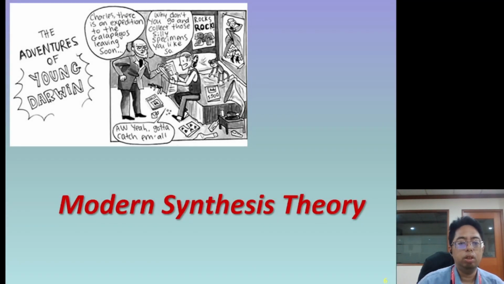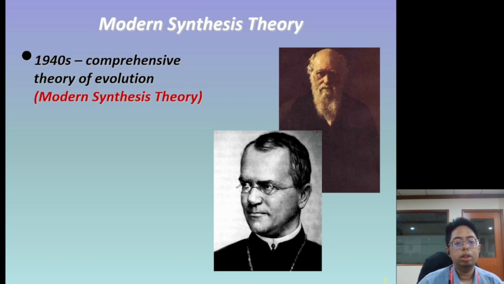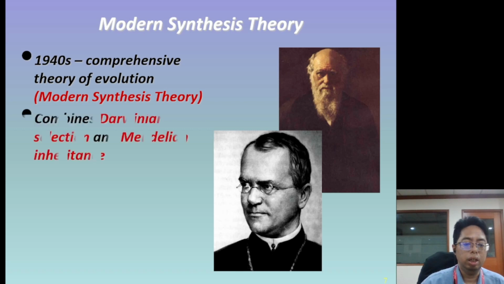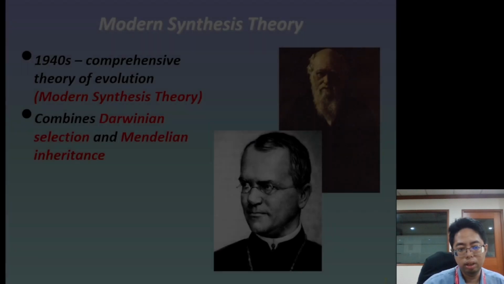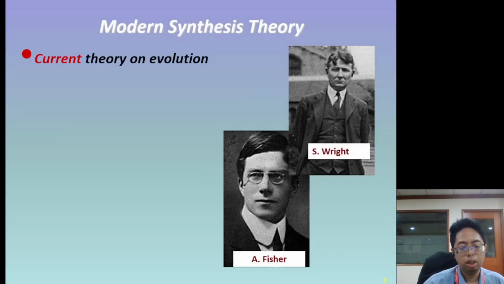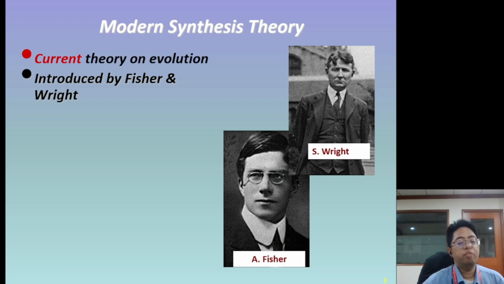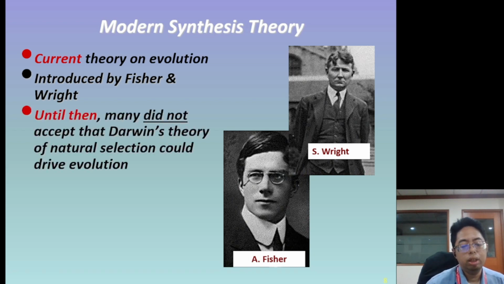Modern synthesis theory. In the 1940s, you have the most comprehensive theory of evolution, called the modern synthesis theory. This theory combines Darwinian selection and Mendelian inheritance. The current theory on evolution was introduced by Fisher and Wright. Until then, many did not accept that Darwin's theory of natural selection could drive evolution.